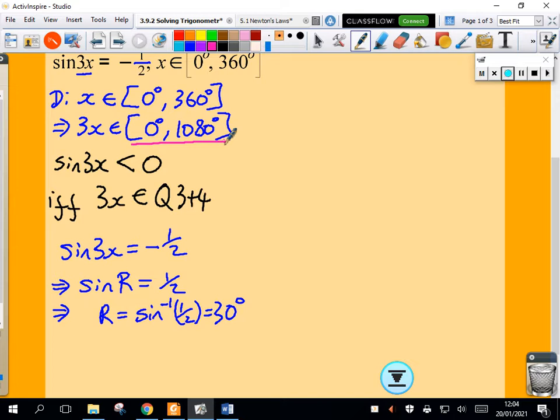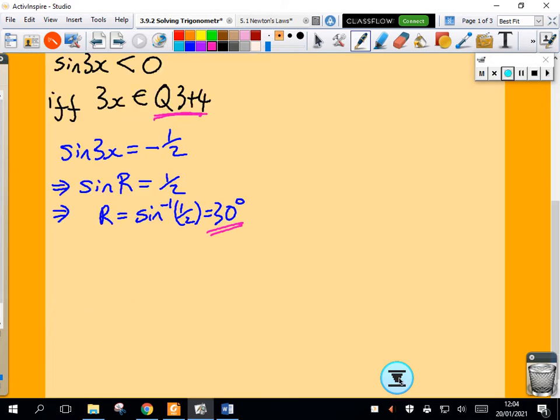The other thing, we're dealing with quadrants 3 and 4. The other thing, we have a reference angle of 30 degrees. These are the 3 key pieces of information. My domain here, 3x belongs to 0 to 1080. Somewhere in between there, we find 3x. We're dealing with quadrants 3 and 4. We have a reference angle of 30 degrees. If we know those things, we should be able to solve it.